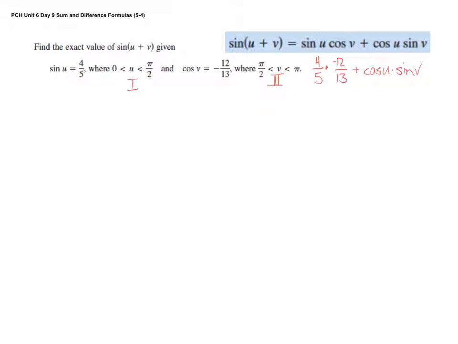Because you know that sine squared plus cosine squared is 1. The Pythagorean identity. Very good. So if I need cosine of u, then I'm going to use sine of u squared.